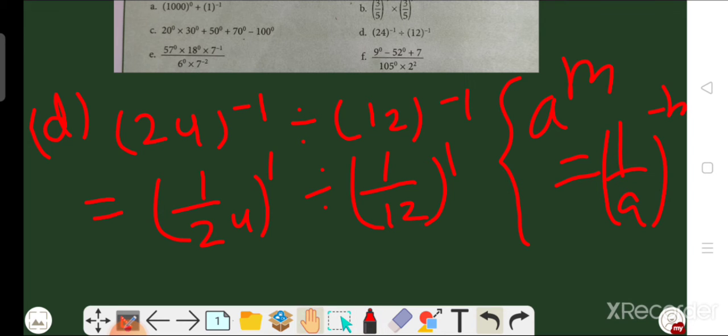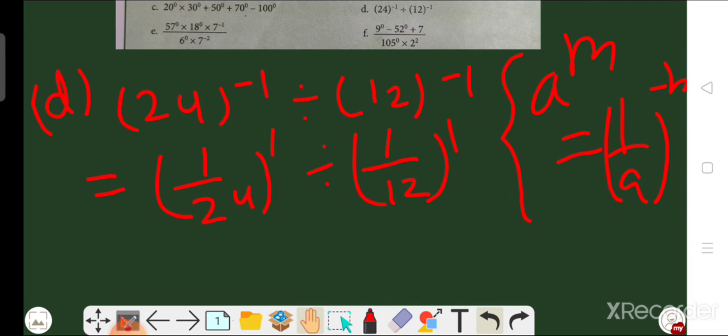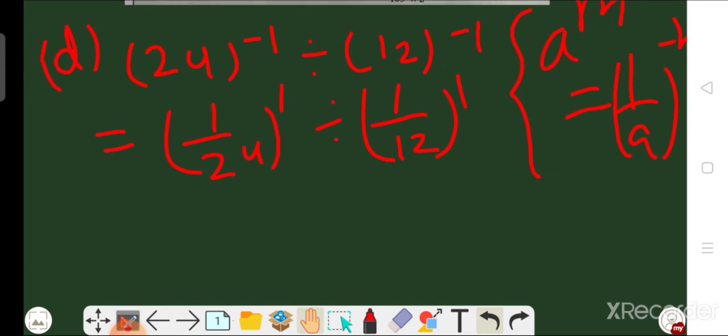By using this property we have written 24 raised to the power minus 1 as 1 by 24 raised to the power 1 and 12 raised to the power minus 1 as 1 by 12 raised to the power 1.